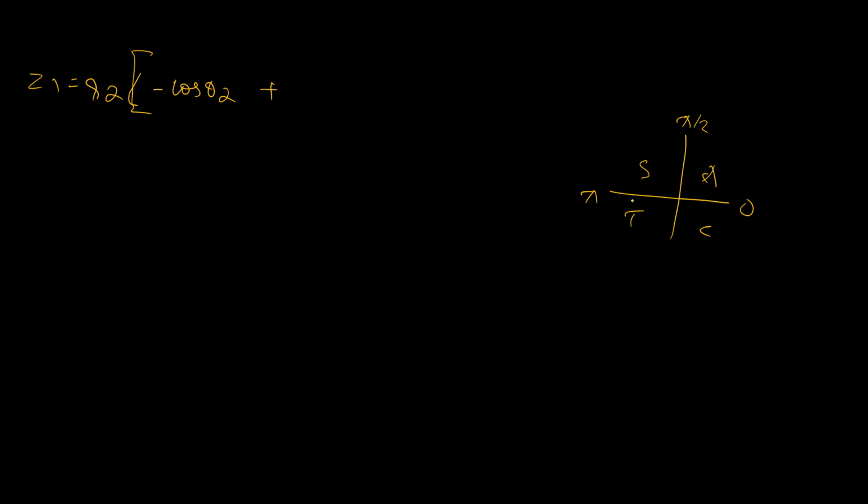So sine of pi minus theta 2 will be positive, so there is no problem there, and we write i sin theta 2. After that we can eventually write like this.